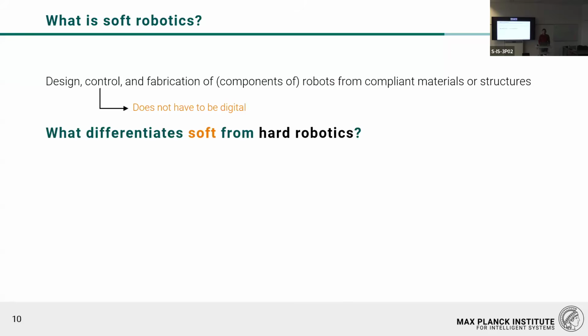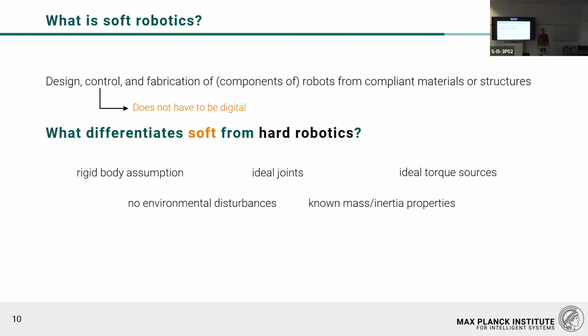So what differentiates really a soft robot from a hard robot? If we try to operate with a hard robot, there are a few things we like to work with, right? We assume that we have a rigid body, we have ideal joints, ideal torque sources from electromagnetic motors, no environmental disturbances, and we perfectly know the mass and inertia of our system.